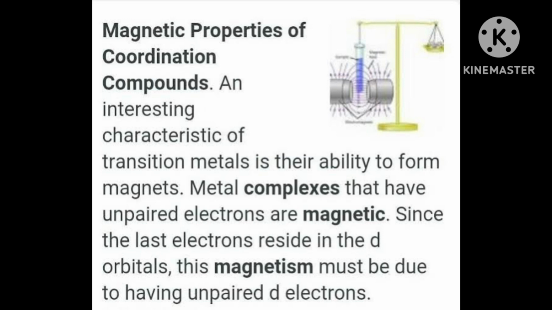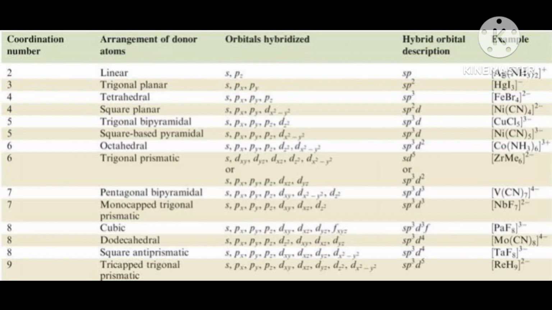Also by seeing the complex MnBr4, the coordination number is 4. Then 4 means 2 cases are there, simply 4 orbitals, then sp3 or dsp2. These two are possible.